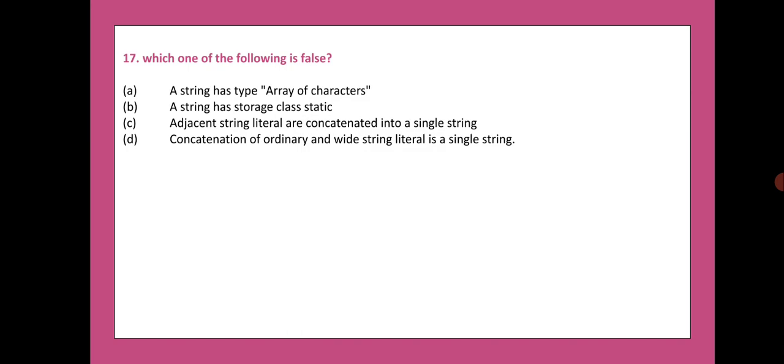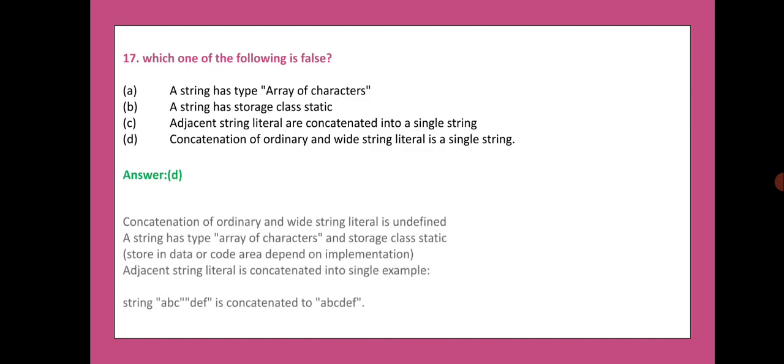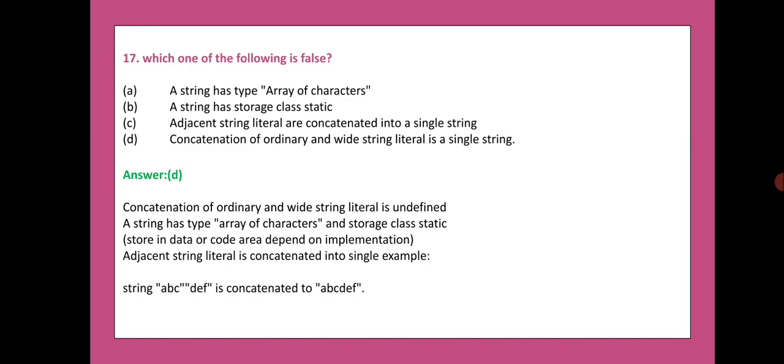A string has type array of characters and storage class static, stored in data or code memory area depending on the implementation. Correct. Adjacent string literals are concatenated into a single string. Suppose I have a string ABC and DEF, it is concatenated to ABCDEF.